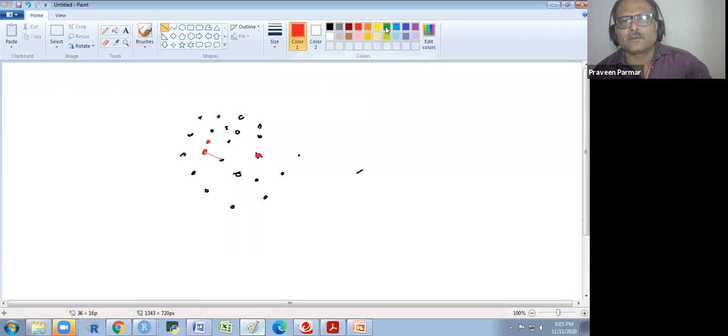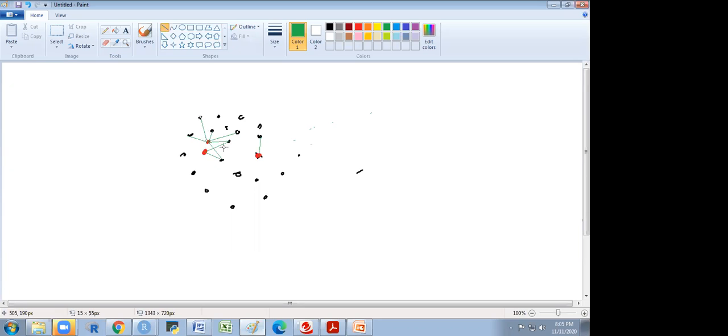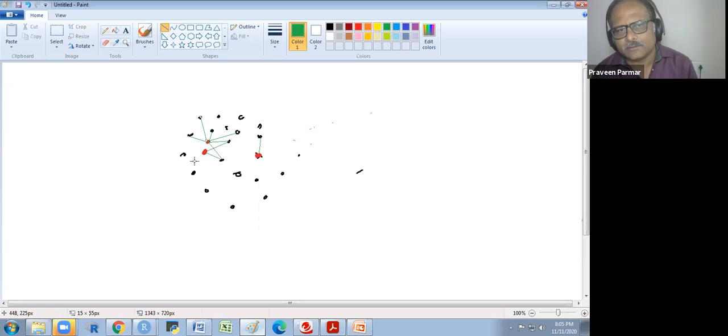I will change the color. Then I will take the distance of each point. Any doubt? And we see which are the nearest points. We club them.